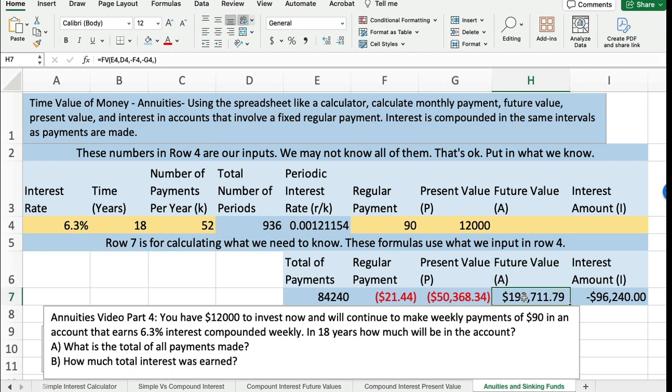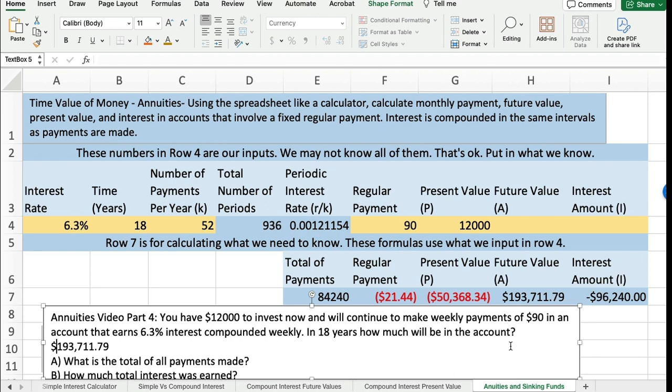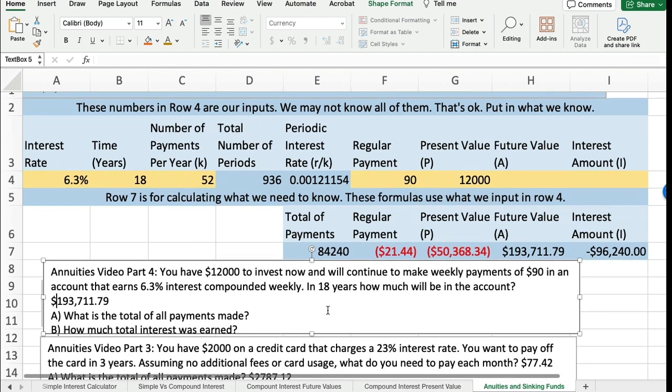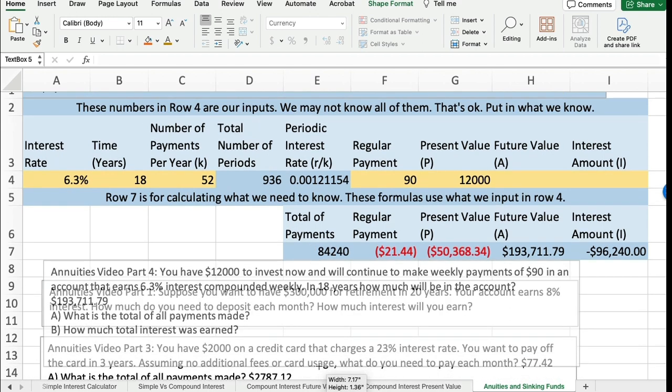Looking at the future value, the answer to that is $193,711.79.